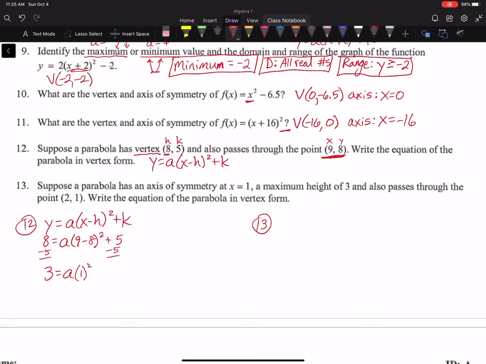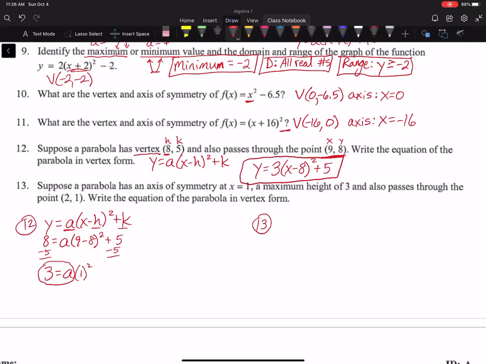So basically you're just left with a equals 3. And so for your answer, you plug in your a, your h, and your k. That's for your final answer. So y equals 3 times x minus 8 squared plus 5. That would be your answer for that one.